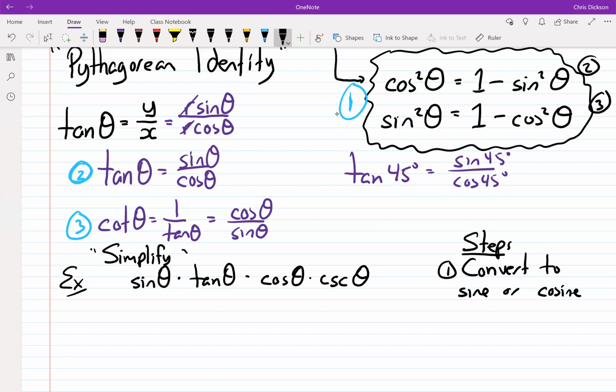But if you have a tan and a cotan and a secant and a cosecant and maybe something squared, it gets really hard to figure out how you're going to manipulate it to get to the right answer. So if I see something that's in sine, I just keep it like sine. If I see a cos, I keep it like cos. But everything else I change right now. So I want you guys to take the statement we just wrote here, this sine, tan, cos, cosecant, and I want you to turn all those things into sines and coses if they're not already sines and coses. If that makes sense.